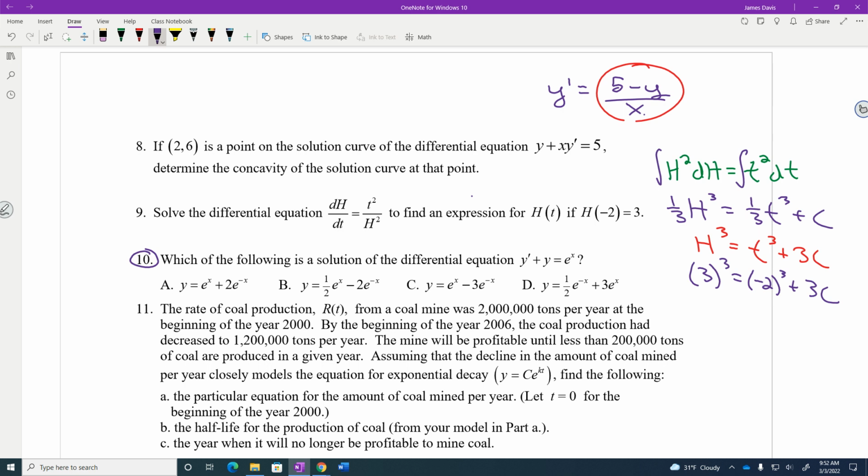So we get 27, and that would become a minus 8, so we have to add it over. We get 35. And so C is 35 over 3.